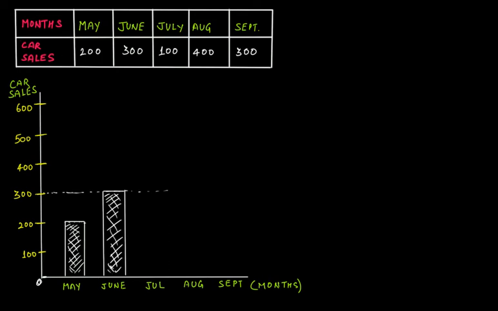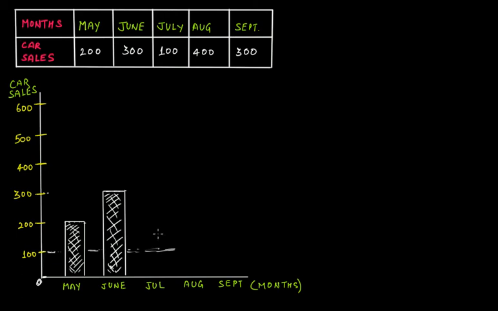Okay, so this shows that in the month of June the car sale is how much? 300. And then for the month of July it's 100. So if I draw something like this, just to show you how we draw it properly. Okay, this step can be done by you using a scale. That will be the perfect one.